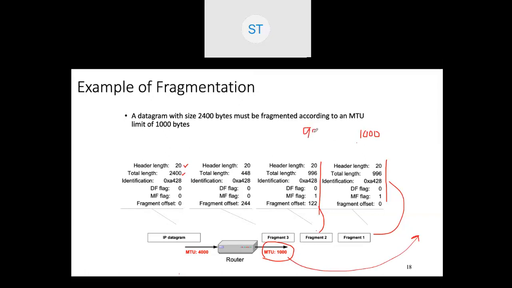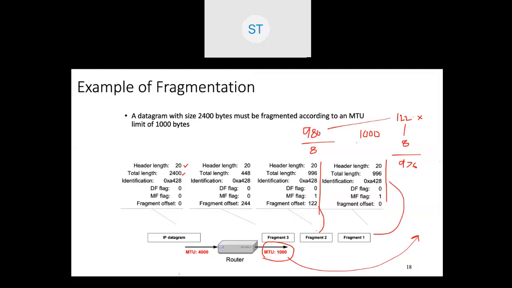Find out the maximum number divisible by 8. Arthi, got the point? 980 is not fully divisible by 8.